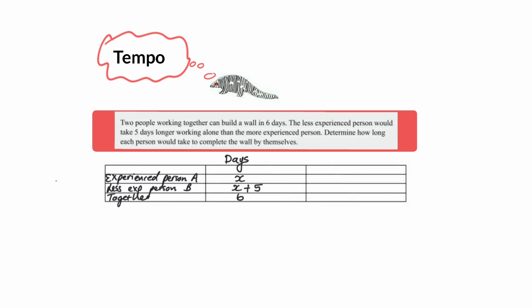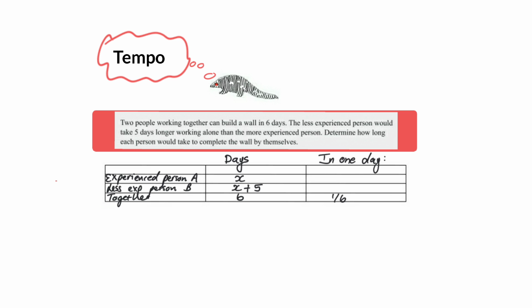So what amount of work can they do in 1 day? In 1 day, we'd like to compare them all on a certain unit, and that is 1 day. So in 1 day, together, they will build 1/6 of the wall.